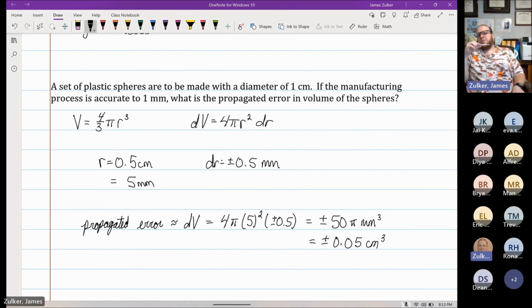Plus or minus 0.05 cubic centimeters. Any questions on the linearization or differentials?